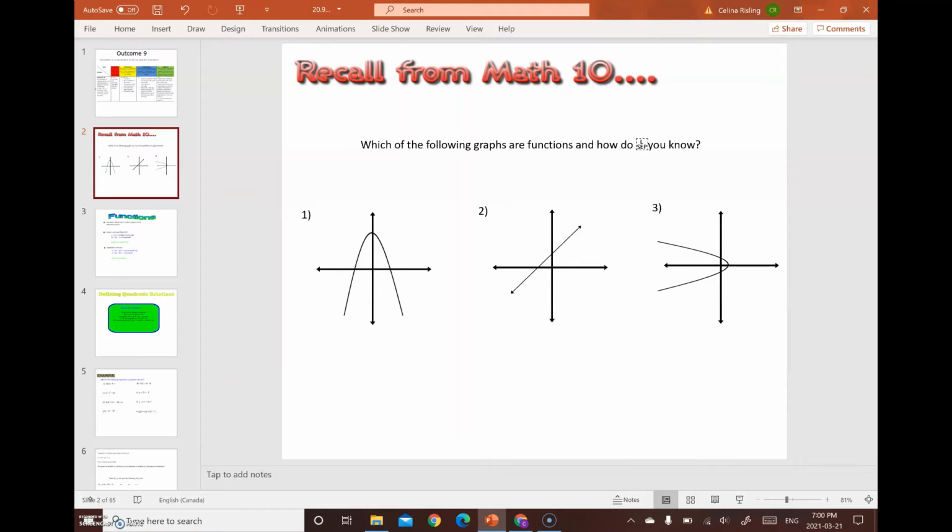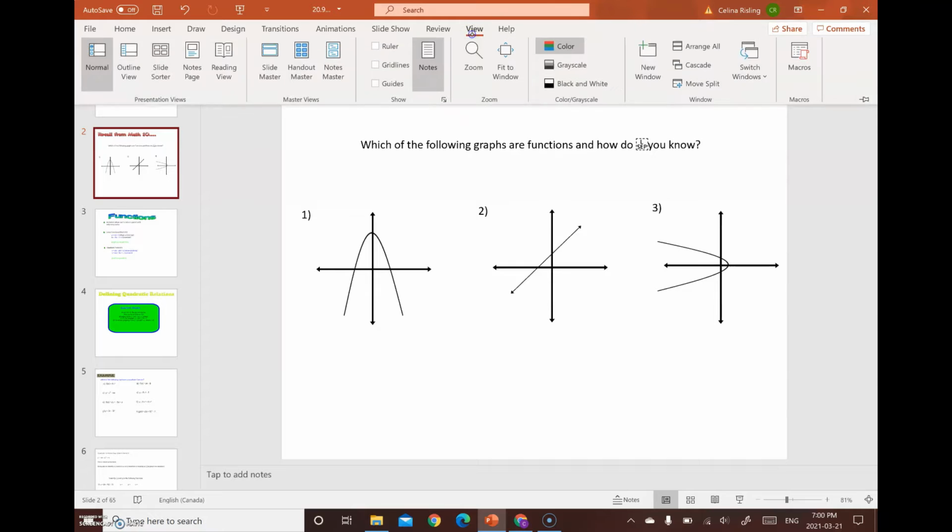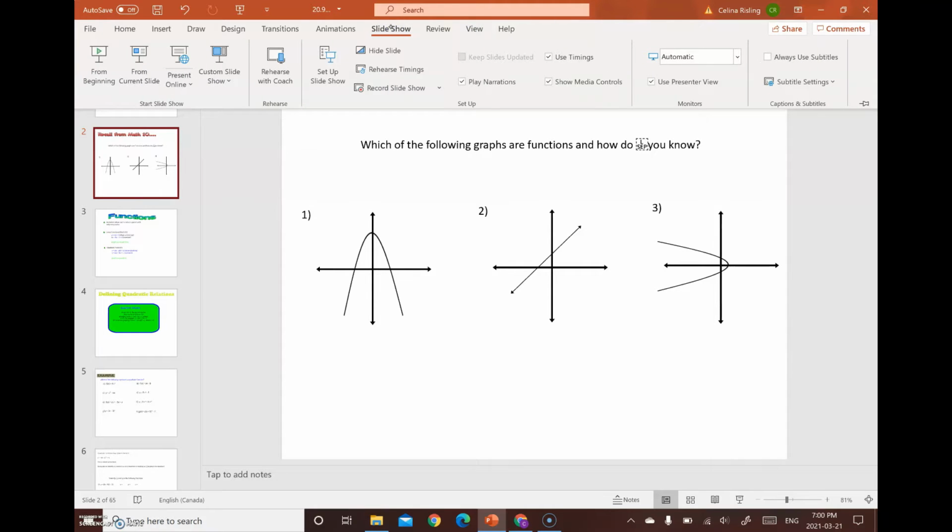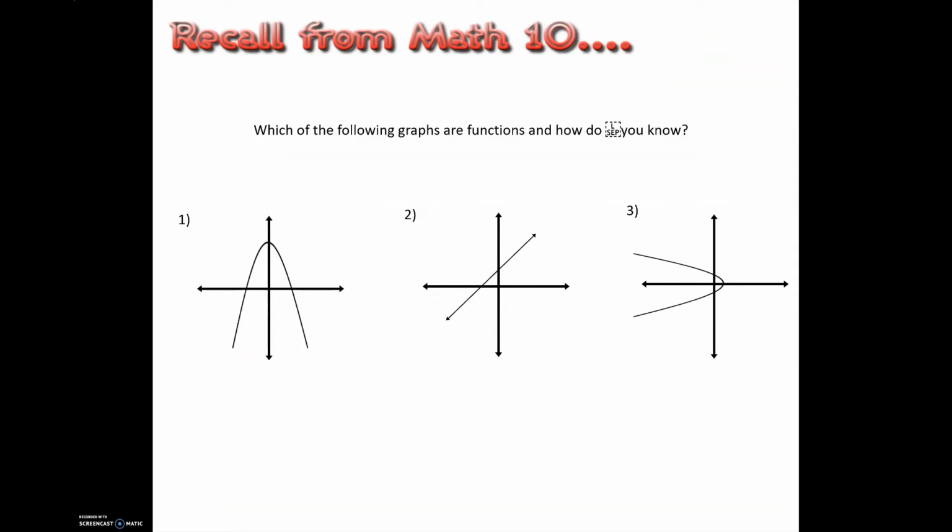From Math 10, do you remember how to tell which of the following are functions? So if you recall, there was what's called a vertical line test. And what that was is you just had to draw your vertical lines and see how many times you went through the graph. If you only went through once, it's a function.